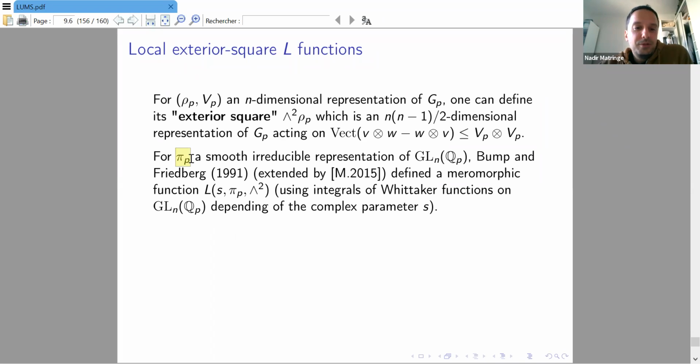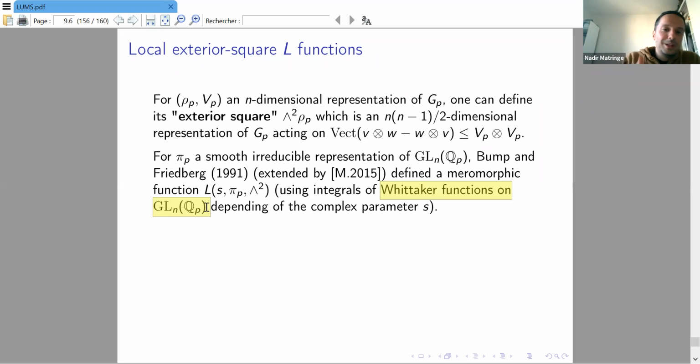Whenever you have such a representation pi_p, smooth irreducible of GL_n(Q_p), you can realize it on a space. As I said, these representations, smooth irreducible, are in general of infinite dimension. You can realize this representation pi_p as a space of functions on GL_n(Q_p) to C, which are called Whittaker functions.